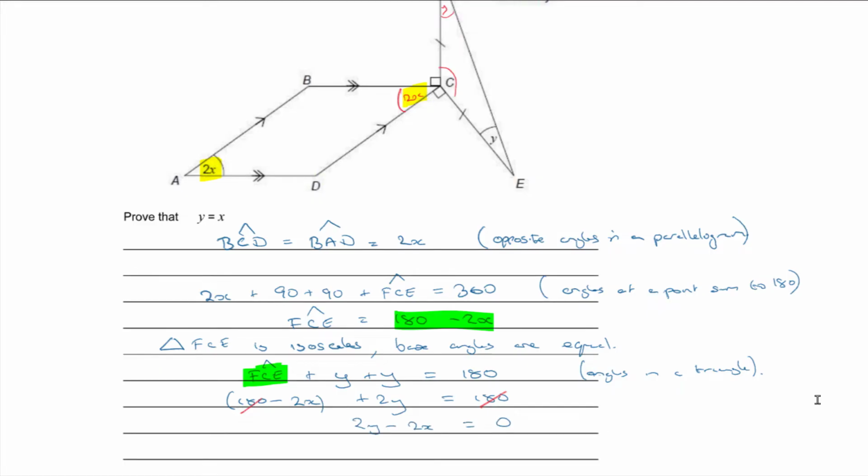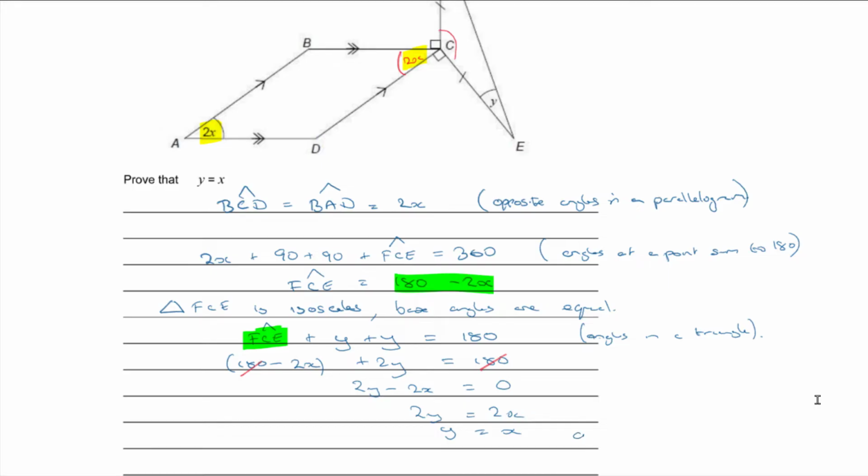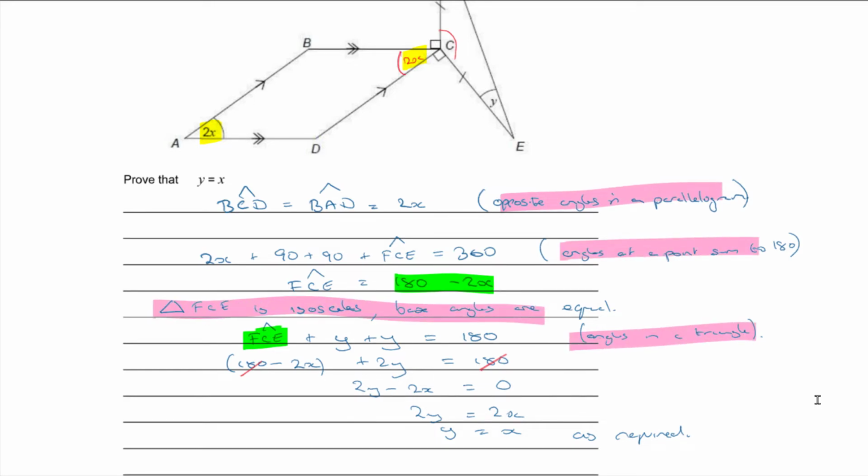So taking the x to the other side, I've got 2y is equal to 2x, and then dividing through by 2, I'm going to have y is equal to x as required. So again, just make sure you're writing the rules down that you're using as statements as you're going through, as well as doing the maths.